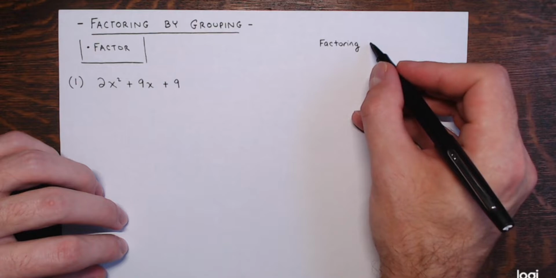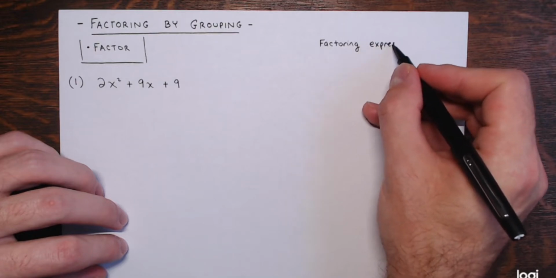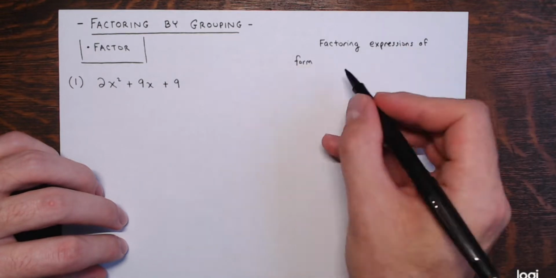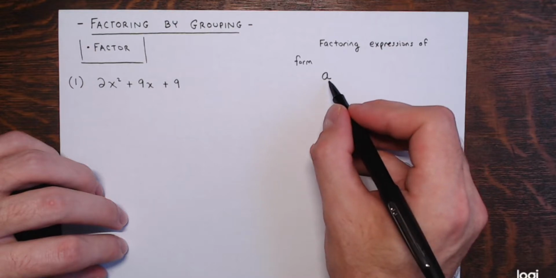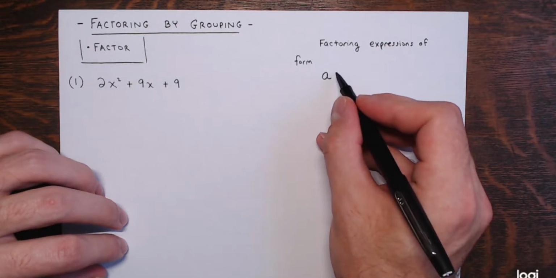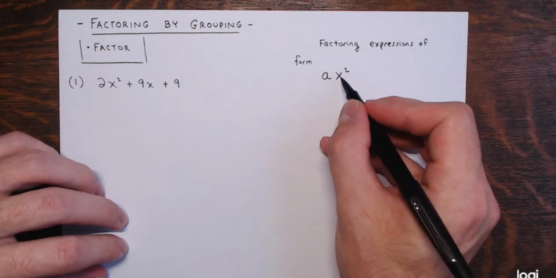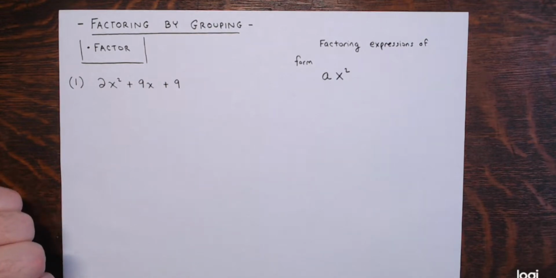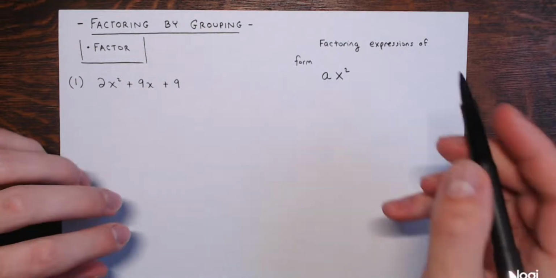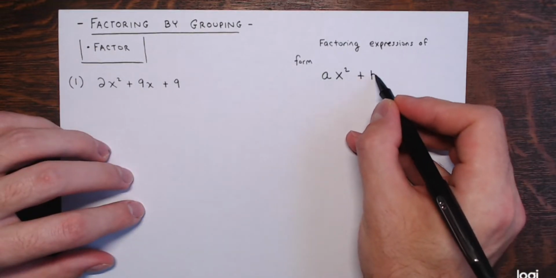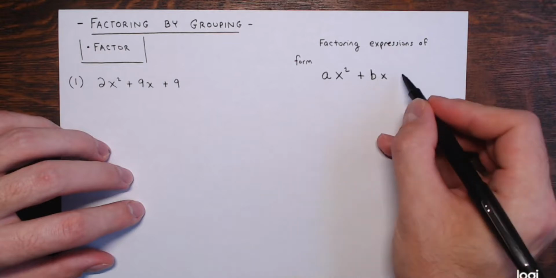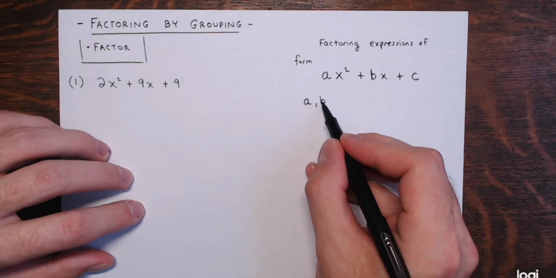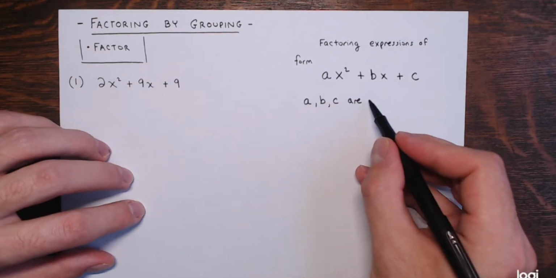We're going to be factoring expressions of the following form: some number a, that's usually not 1, times a variable squared, plus b, some number b times x, plus some number c, where a, b, and c are real numbers.